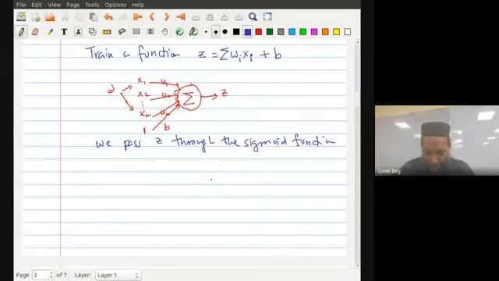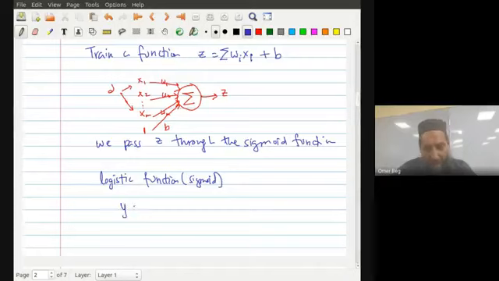The logistic function, or the sigmoid, is y equals the sigmoid of z, and that is equal to 1 over 1 plus e to the power minus z.